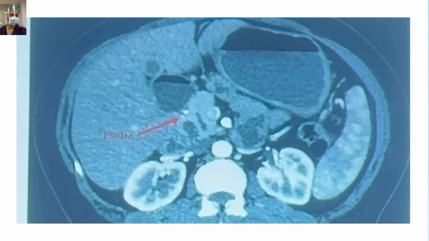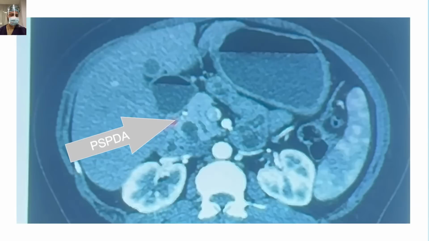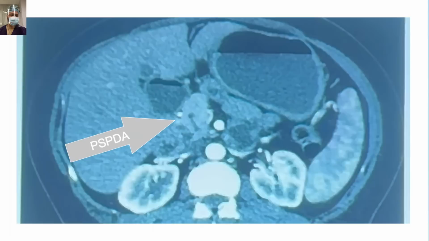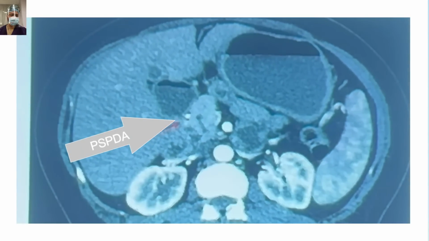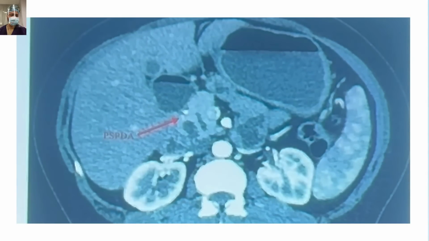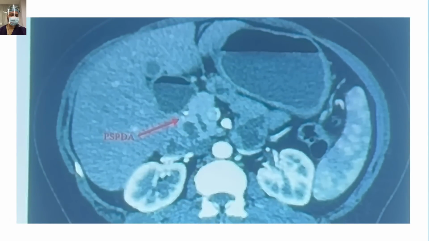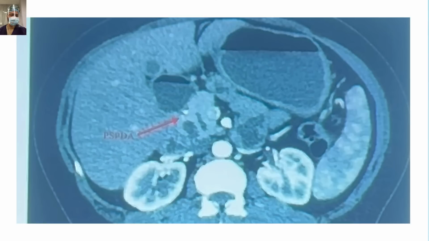So in this part, we are highlighting the posterior superior pancreaticoduodenal artery, PSPDA. Why have we highlighted it? Because it is a branch of the GDA, the gastroduodenal artery. As I said, there is the anterior and the posterior superior pancreaticoduodenal artery, and sometimes this PSPDA will arise directly from the common hepatic artery.